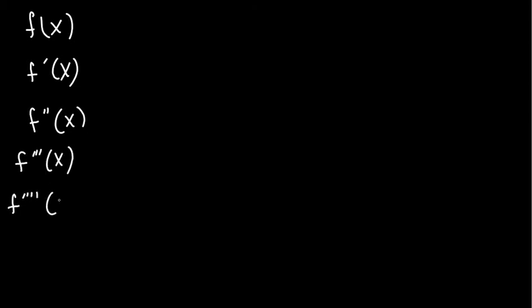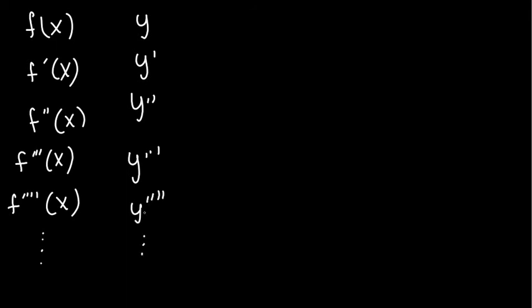And you can also write it as y prime, y double prime, y triple prime, y quadruple prime, and so on. You can do dy/dx, d squared y over dx squared, d cubed y over dx cubed, and so on.